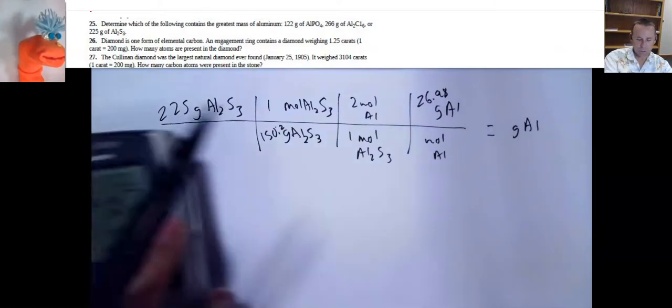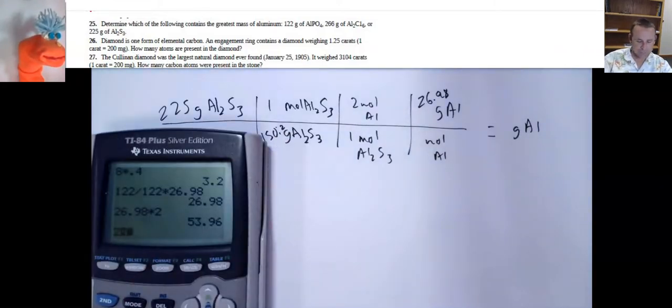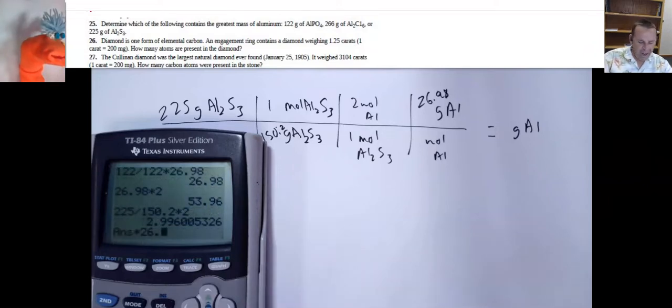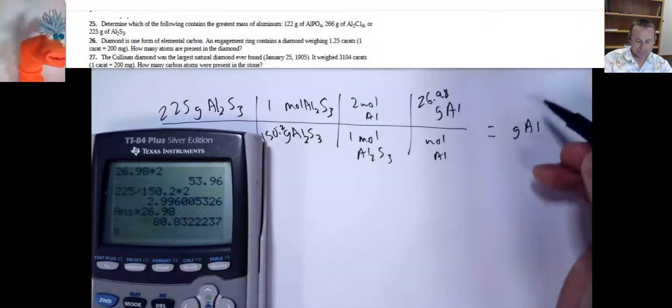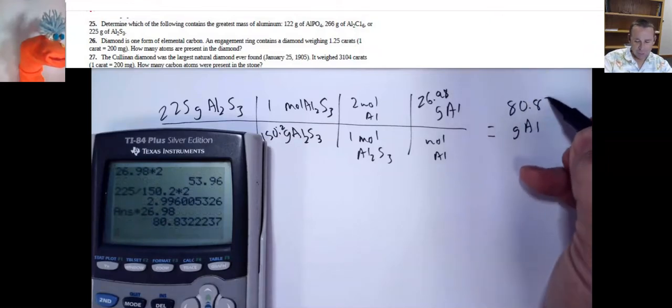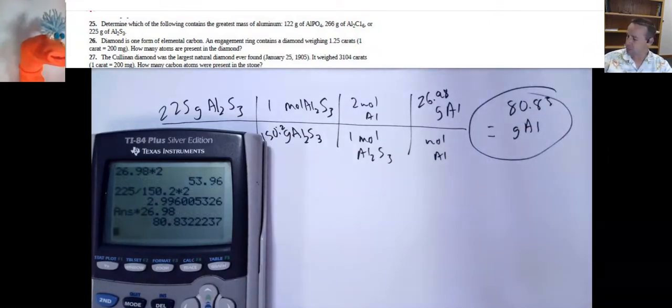So 225, but this time I only divide by the 150.2 times 2 times 26.98. So there's 80.83 grams of aluminum in that scenario.